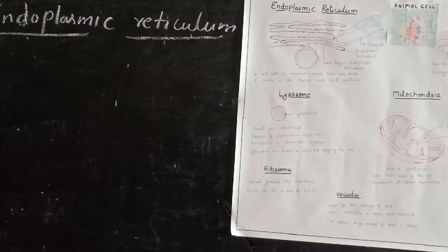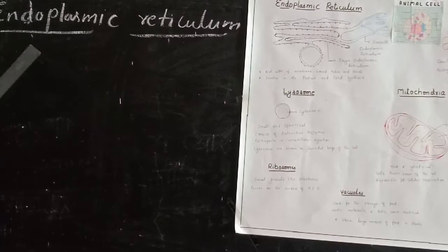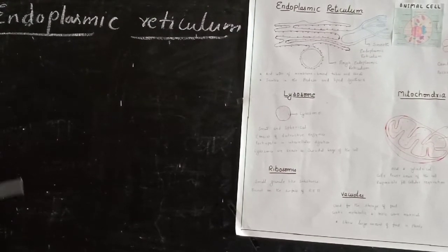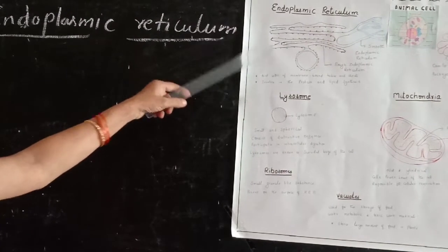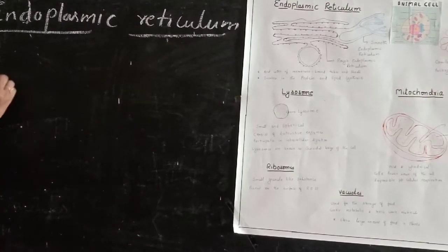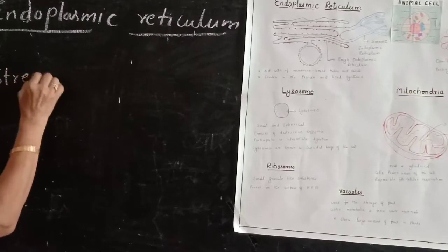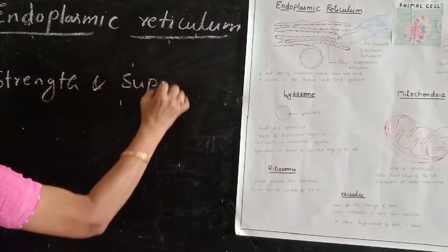When the cell is observed under the microscope, we can find a network of tubes and sheets inside it. These provide strength and support to the cell.